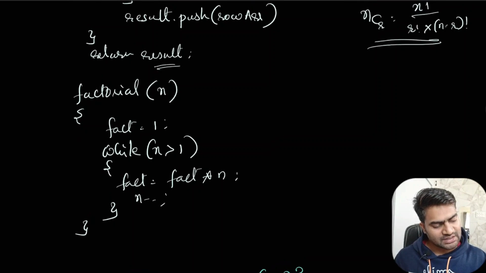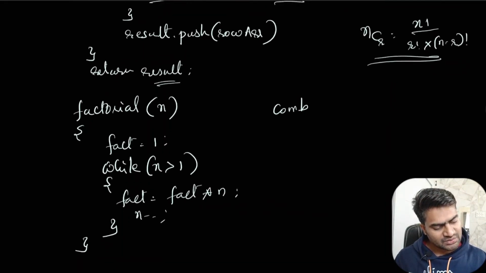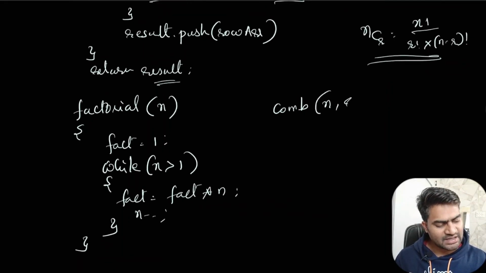And then we need another method, which is our combination method. So I'll write that here. So basically this is our combination. It will take value n and r, correct, right? So it should be something like this.